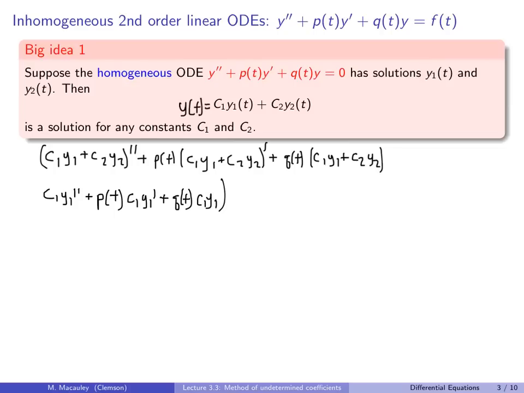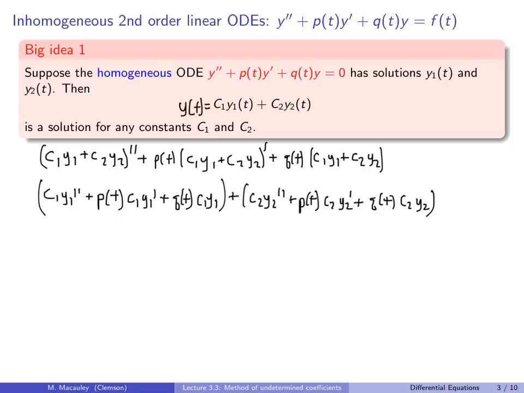So there are the y1s. Let's put the y2s next. So c2 y2 double prime plus p of t c2 y2 prime plus q of t c2 y2.